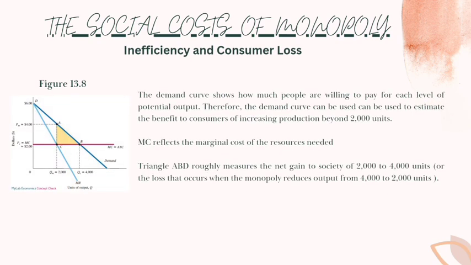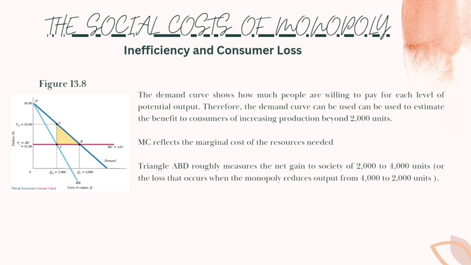Next, the social cost of monopoly: inefficiency and consumer loss. Figure 30.8. The demand curve shows how much people are willing to pay for each level of potential output. Therefore, the demand curve can be used to estimate the benefit to consumers of increasing production beyond 2,000 units.